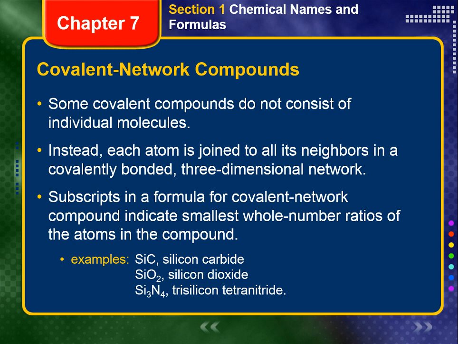The subscripts in a formula for a covalent network compound indicate the smallest whole number ratio of the atoms in the compound. Naming such compounds is similar to naming molecular compounds. Some common examples are given on the screen now: silicon carbide, silicon dioxide, or trisilicon tetranitride.